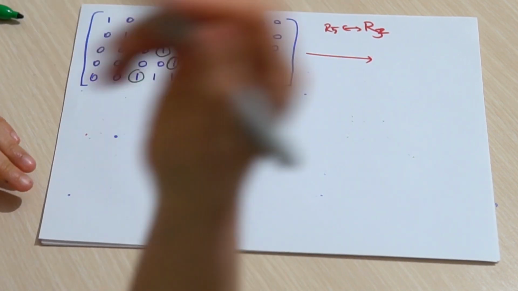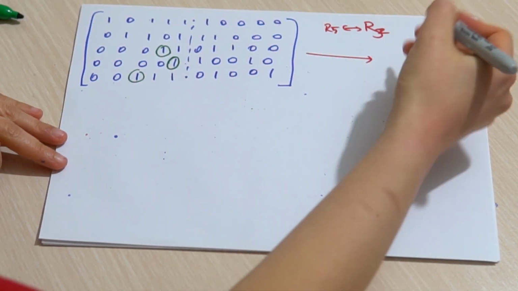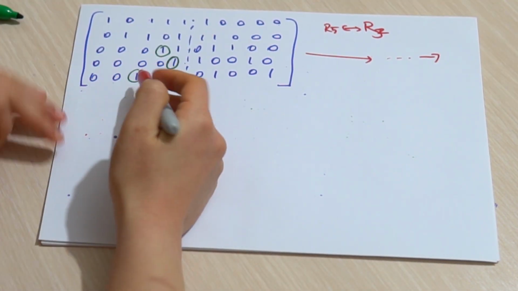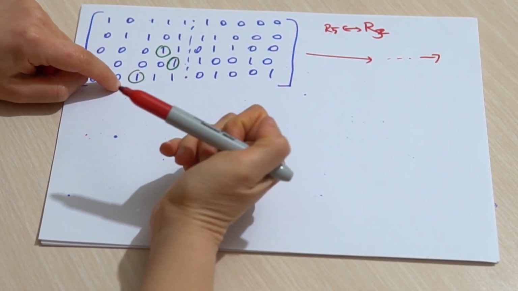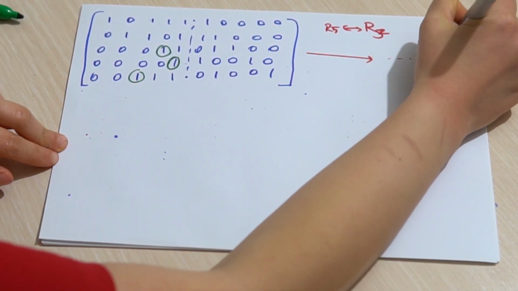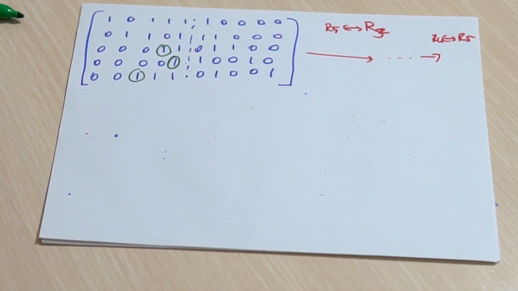So I will get some matrix, and then this row will be here, right? So I will change row 4 and row 5.